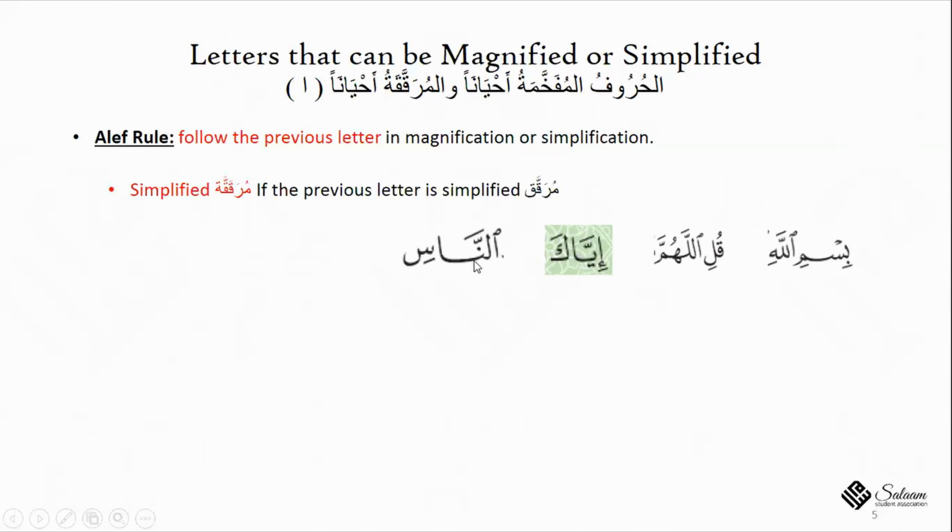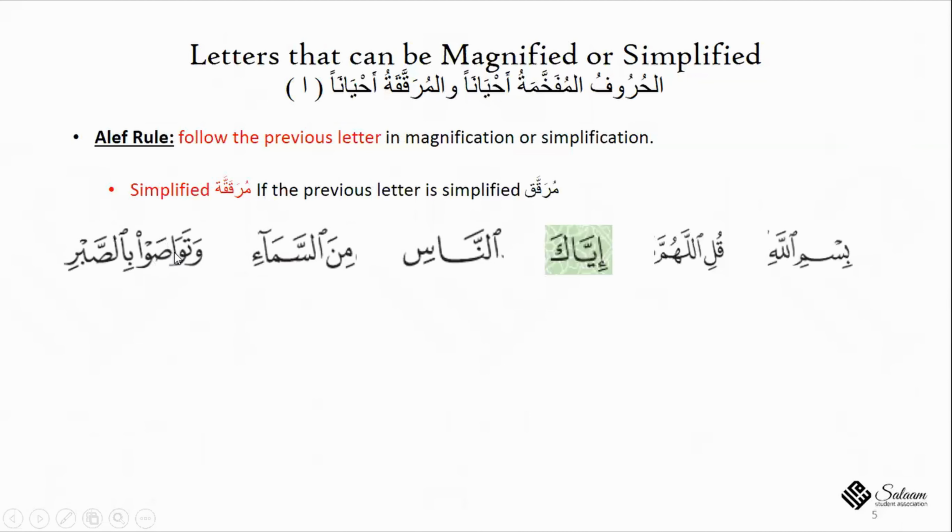An-nas. Don't say it heavy, not good. An-na. Min as-sama. Don't say it heavy, not good. Min as-sama. This is the difference between magnified and simplified. Don't say وتواصوا with a heavy alif, not good.